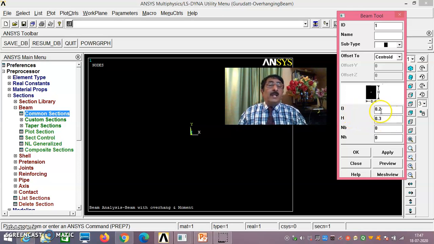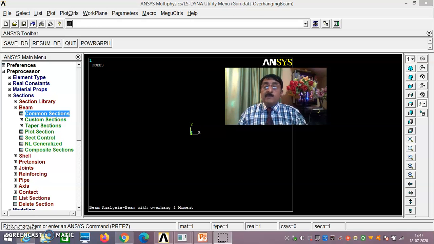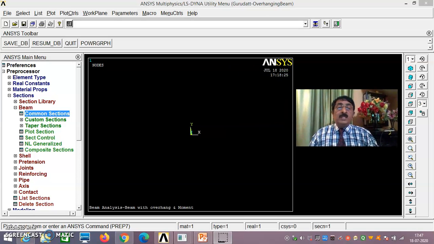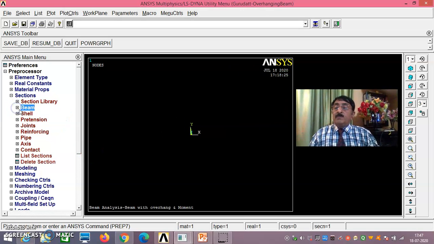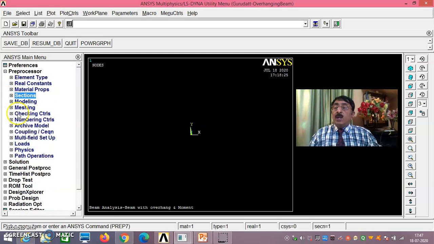B is 0.2 here, in another it may be 0.5, 0.75; in that way you do. See the cross section and put it here. 0.2 and 0.3 is the cross section here, B 0.2, H 0.3. In that way you just say okay. Then once you do this beam section and all that, you go for modeling.